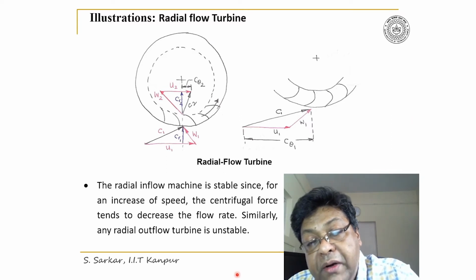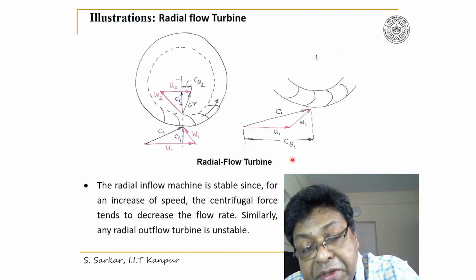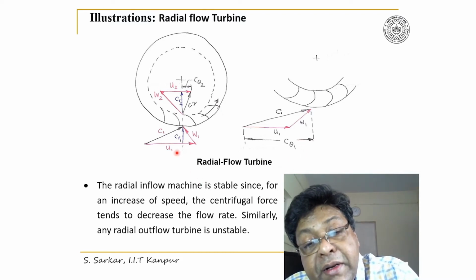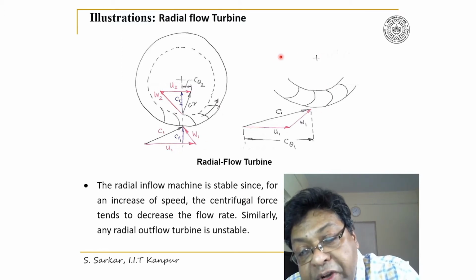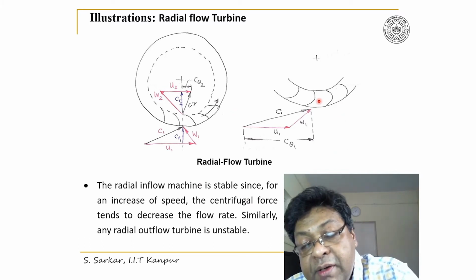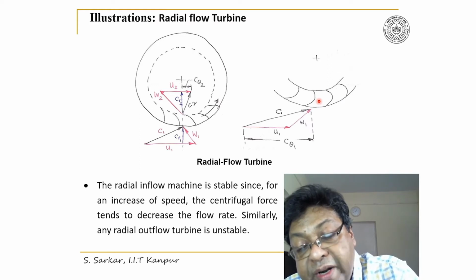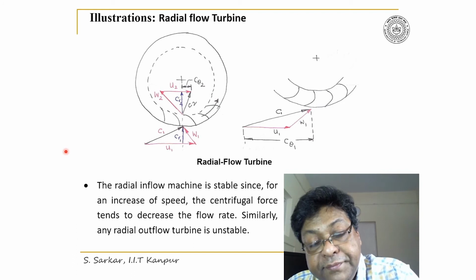So look here, C theta 1 is much larger than for a backward curve machines. So obviously forward curve impeller will be associated with more work transfer than a backward curve impeller.